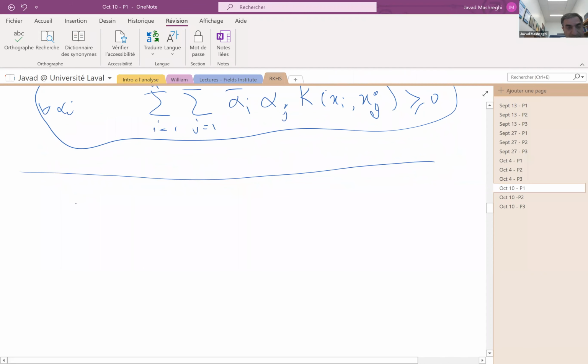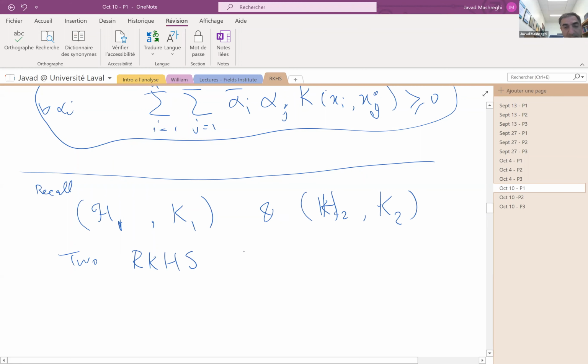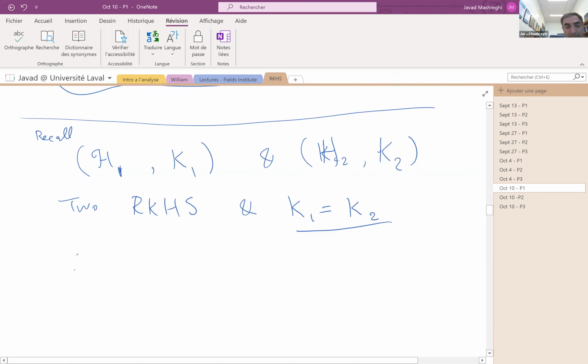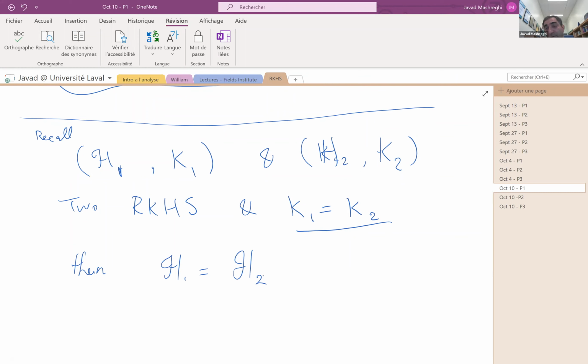The theorem was like this: if you have two RKHSs, H1 with kernel K1 and H2 with kernel K2, and K1 is equal to K2, the kernels are equal, then H1 is equal to H2 in the strong sense, which means they are equal as a set, and moreover they are equal as Hilbert spaces.